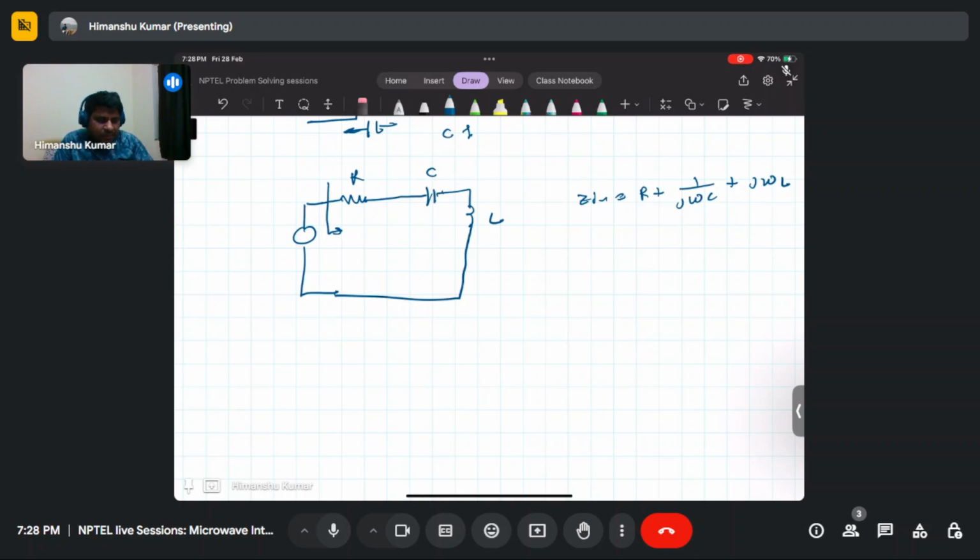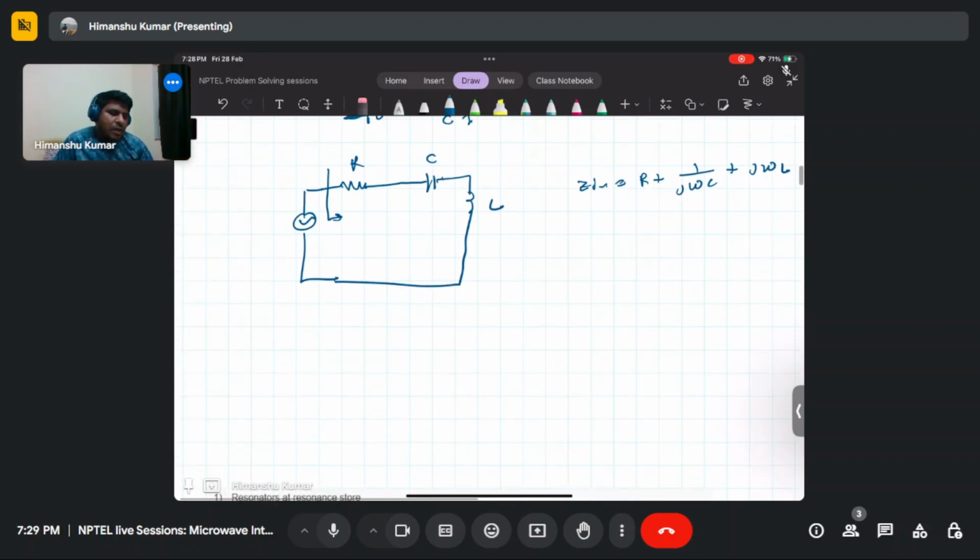At that point this network becomes purely resistive, and you can use this condition for calculating the resonance frequency.